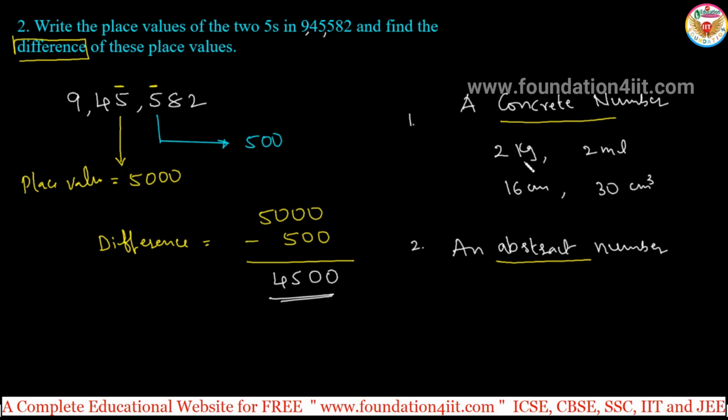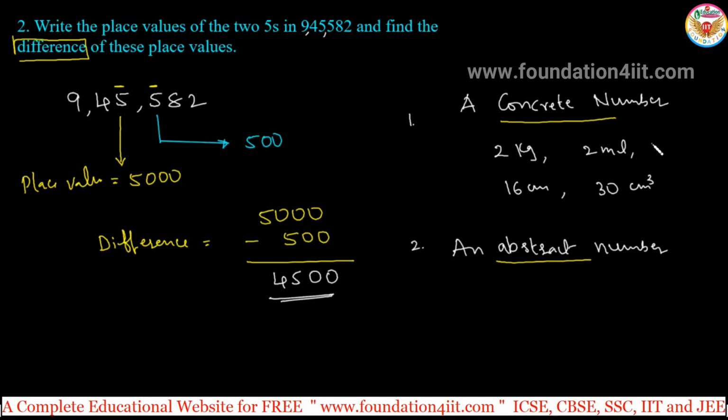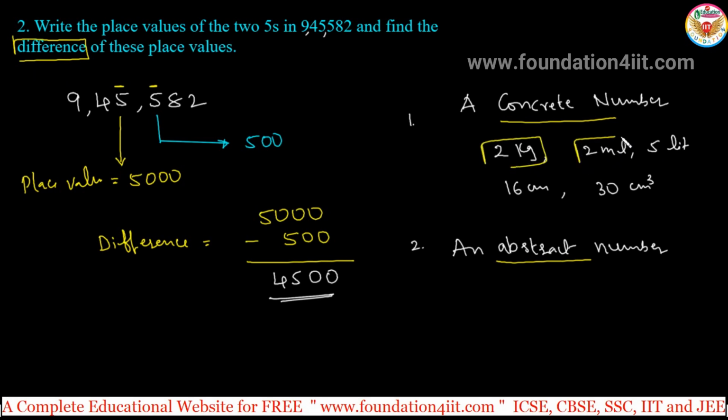If it has some particular unit, then it's called a concrete number. If you have a unit for this particular number, they come under concrete numbers.